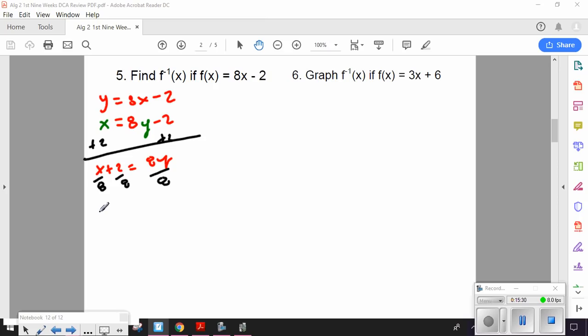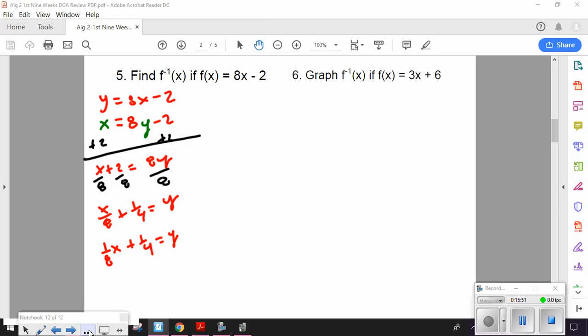So you would have x over 8 plus 1/4 equals y. X over 8 is the same thing as saying 1 over 8x. So just be prepared for any and everything.